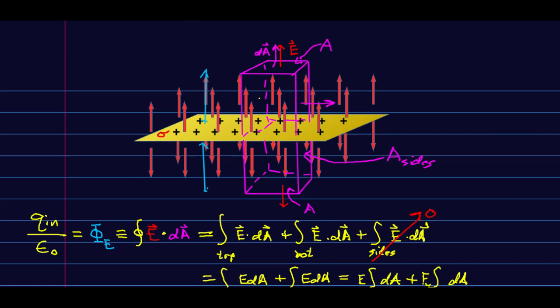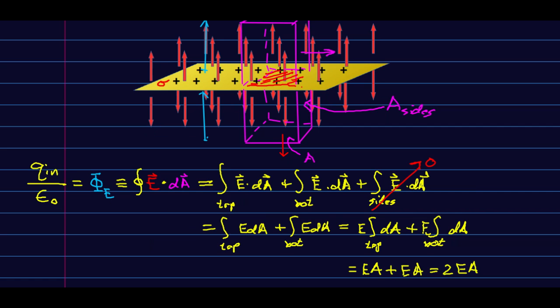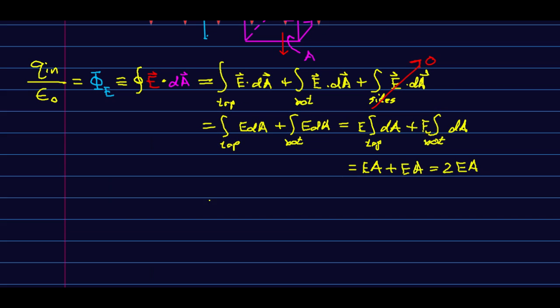So now let's look at the Q inside. Well, that is just the charge in this area here that's enclosed inside our surface. And that area is also A. And so that inside charge is just sigma A. And so we have Q in over epsilon naught, sigma A over epsilon naught, equals 2EA. There's a common factor of A on both sides, and so it's gone.